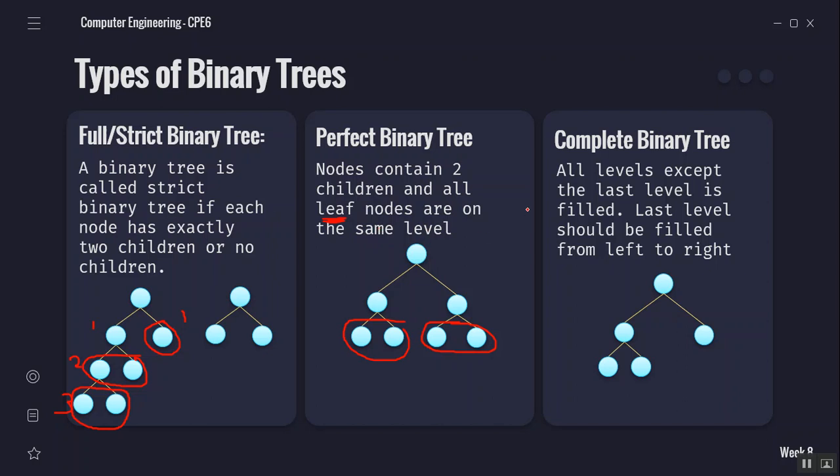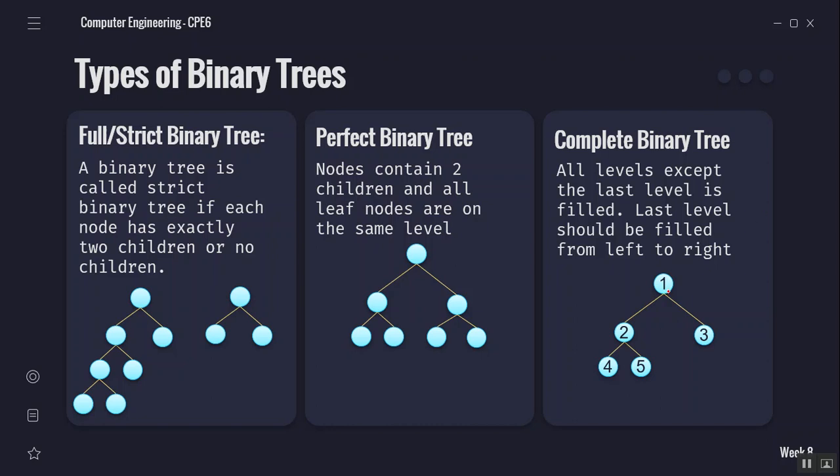Now next we have the complete binary tree. All levels except the last level are filled, and the last level should be filled from left to right. In order for us to check if a binary tree is complete, let's label each node from the root node.